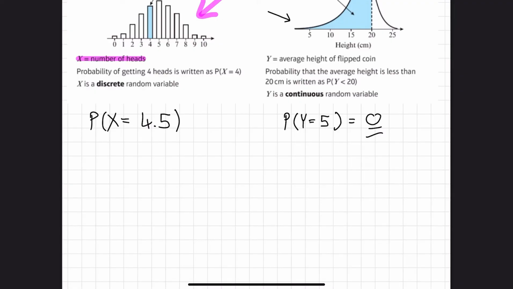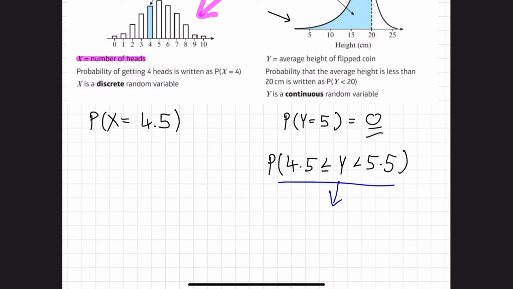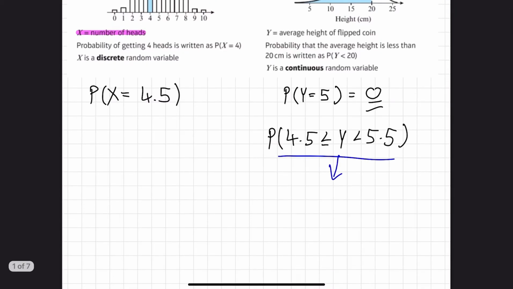What you are more likely to see is, if you're flipping a coin and trying to find the probability that it goes around 5 centimeters in the sky, you're more likely to test the probability between 4.5 and 5.5. This will give you an idea of the average amount of coins going to 5 centimeters in the sky, basically.